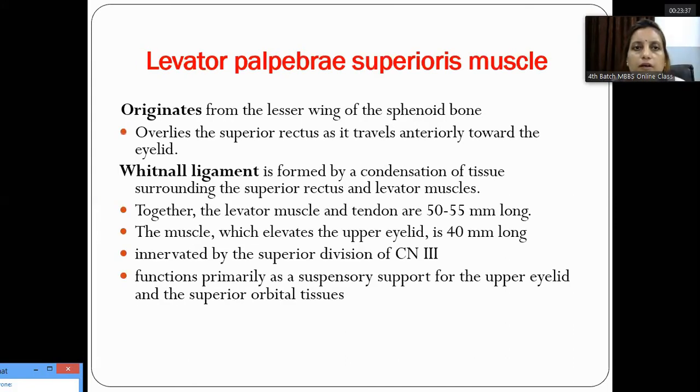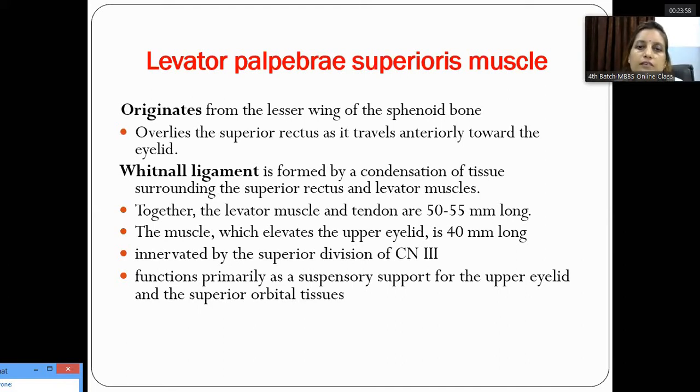Now coming to the levator palpebrae superioris muscle, it originates from the lesser wing of the sphenoid bone, overlies the superior rectus, and travels anteriorly towards the eyelid margin. Whitnall's ligament is formed by condensations of the tissue surrounding the superior rectus and levator muscles.